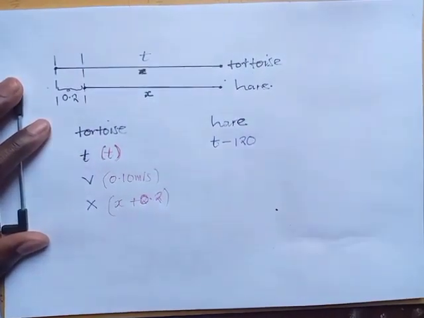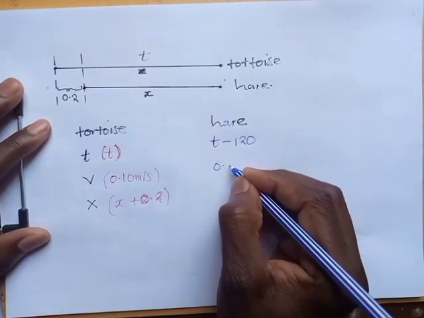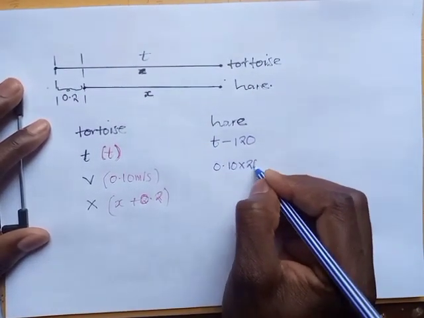Since 0.1 meters per second was the velocity of the tortoise, and they are saying the hare is 20 times as fast, the hare had a velocity of 0.10 multiplied by 20.